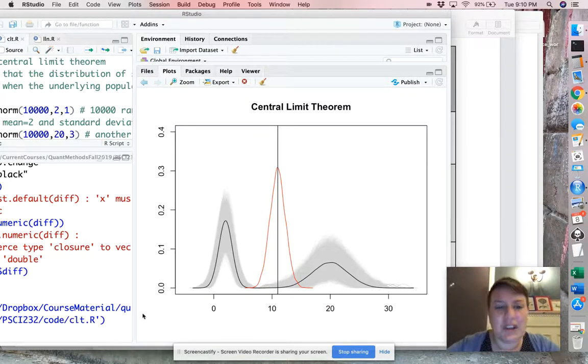Looking at this wavy black line, we see that there are very few values less than 0, a lot of values centered around 2 or 2.5, very few values up through 10, and then another peak, but a shallower, wider peak at about 20. And that's just a random population of data that I made up.